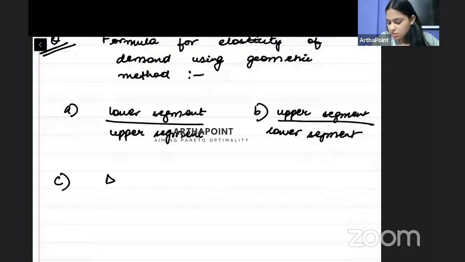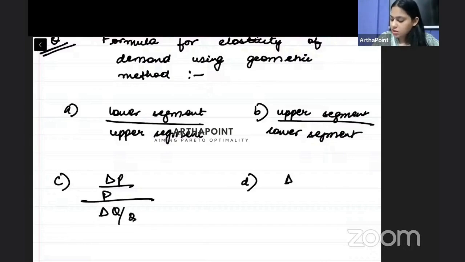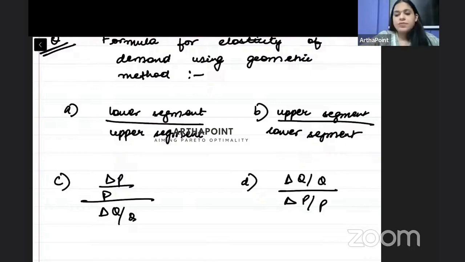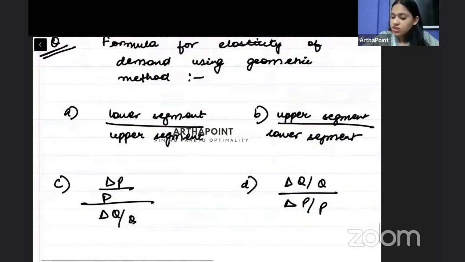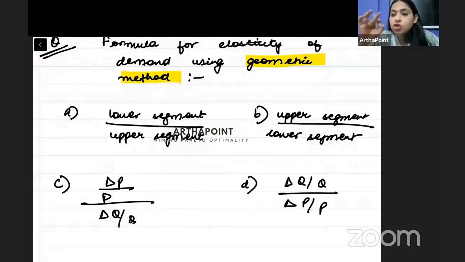Option C, change in P by P divided by change in Q by Q. Option D, change in Q by Q divided by change in P by P. What do you think will be the answer to this question? Please keep in mind that the question is asking about the geometric method, so we will not use the usual formula of elasticity. We need to tell according to the geometric method, right?